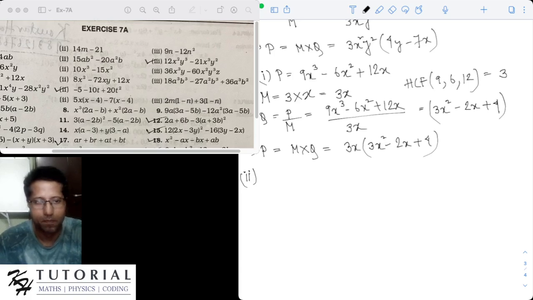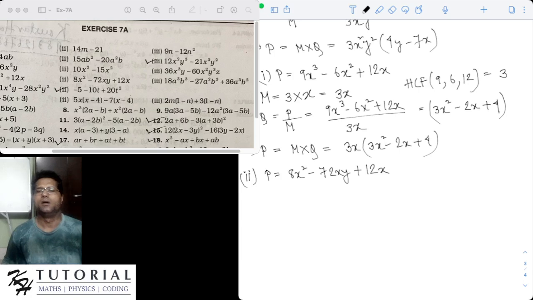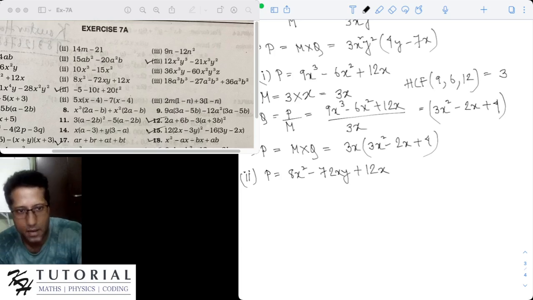Okay, so part 2, the polynomial p is given as 8x square minus 72xy plus 12x. Clearly, you can see that all these terms will have a common factor because the variable x is present in all the terms.